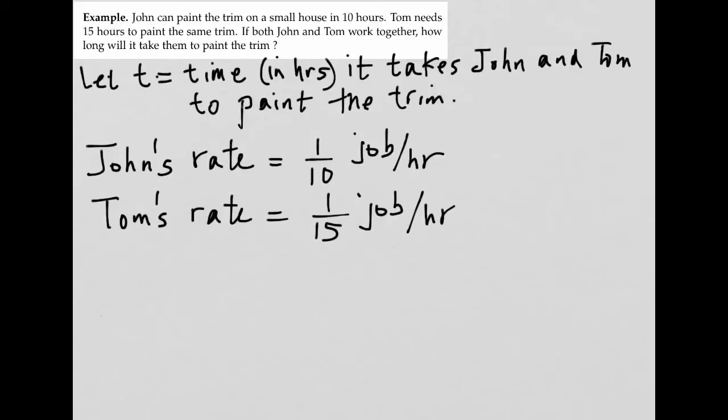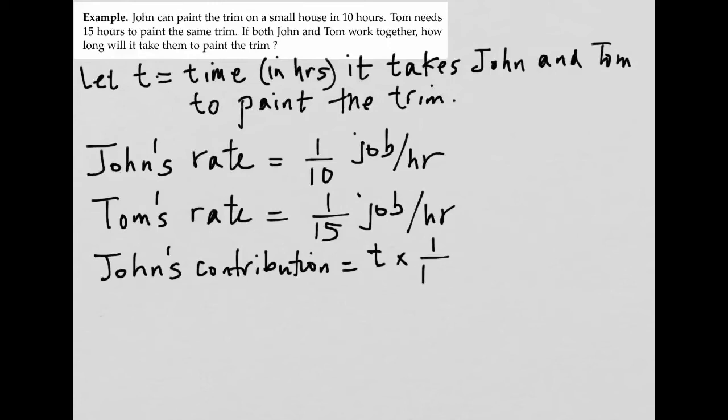So then John's fractional part, or John's contribution, that's the time they spend working together times John's rate, which is 1/10. That's T/10. That's the fractional part that John contributes.